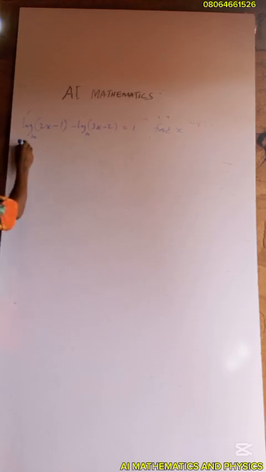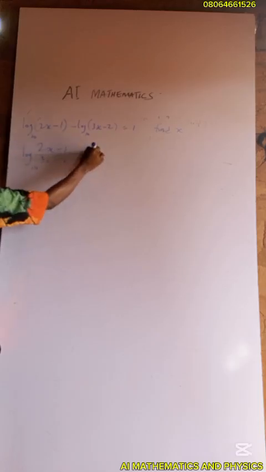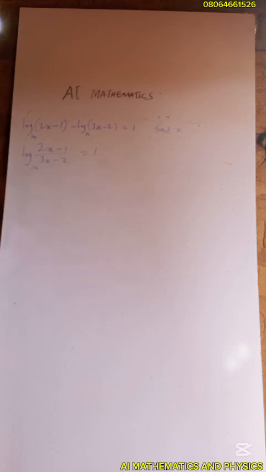That will now be log of 2x minus 1 over 3x minus 2 base 10 equal to 1. Then this log form, convert it to index form.